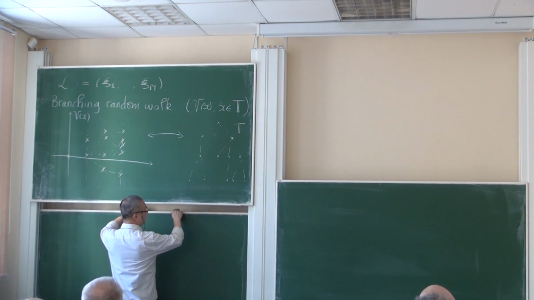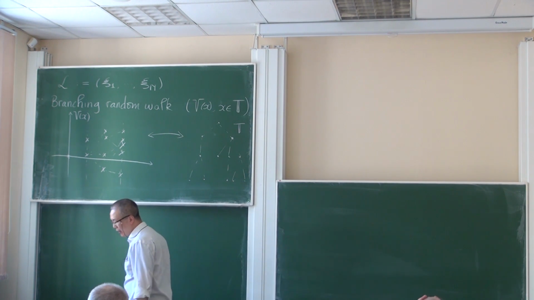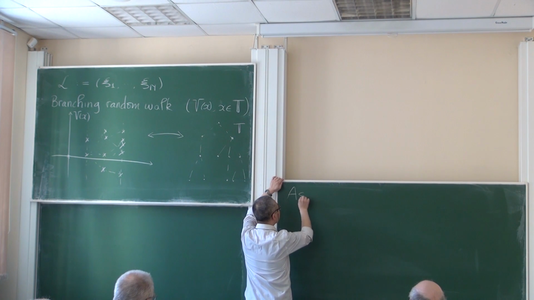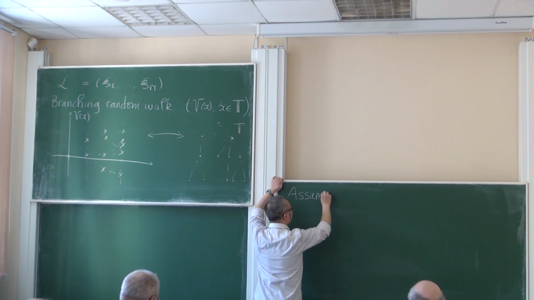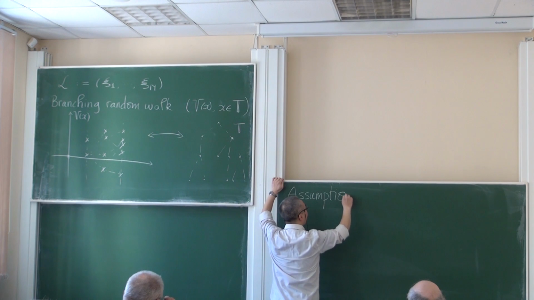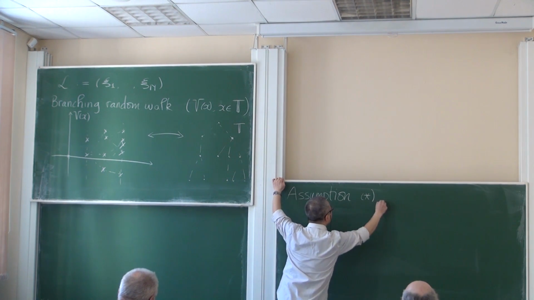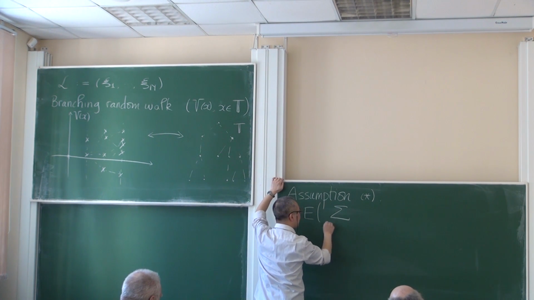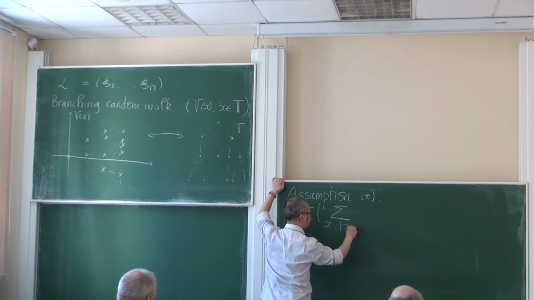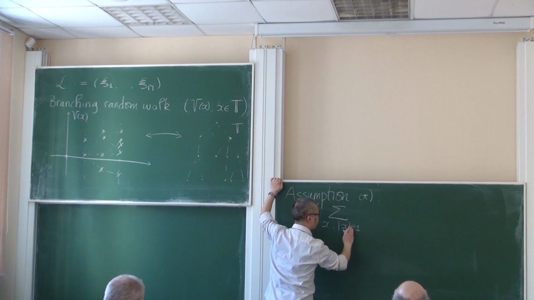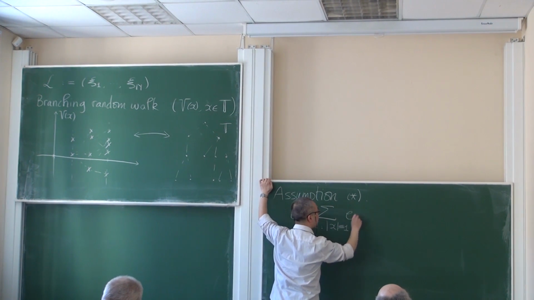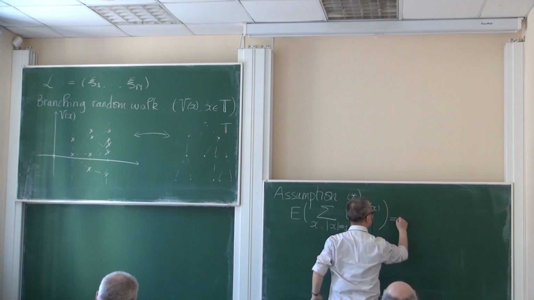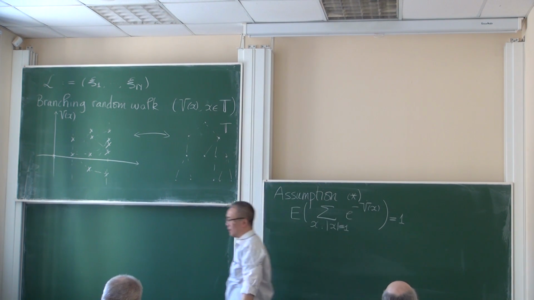And we have this very important assumption, which I will write here, because we always assume this, which we call assumption star. Assume that if I sum over everybody in the first generation of e to the minus the position, this expectation is 1.